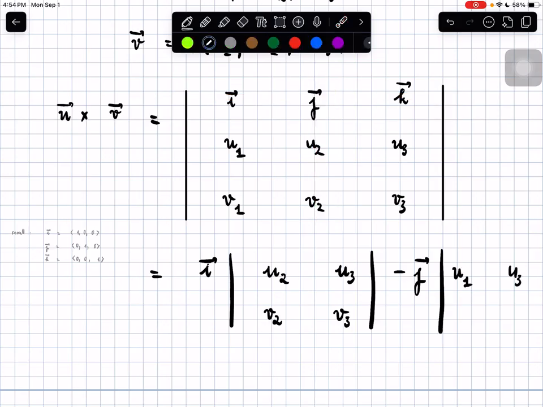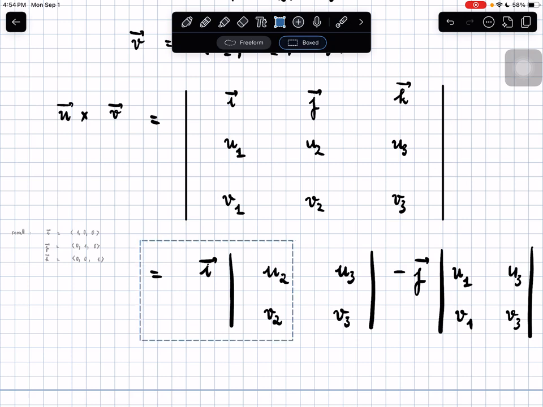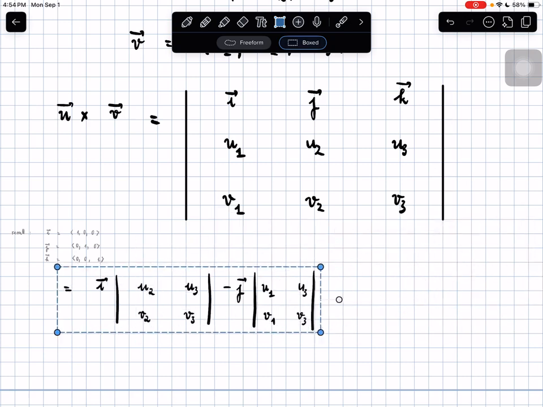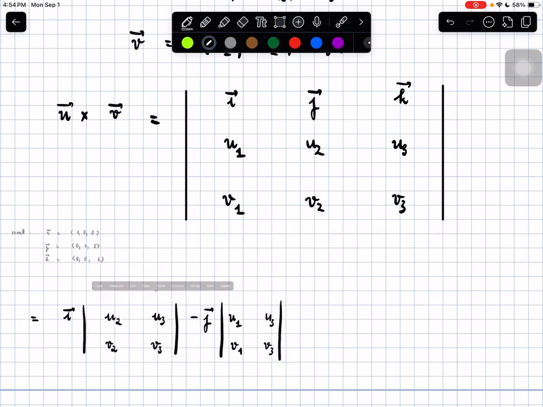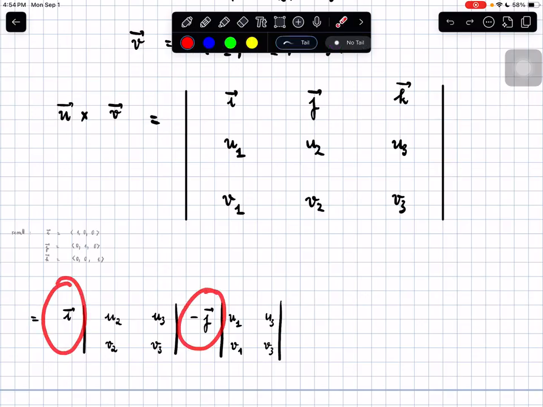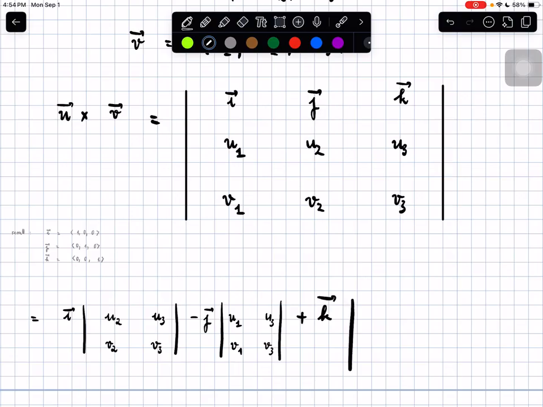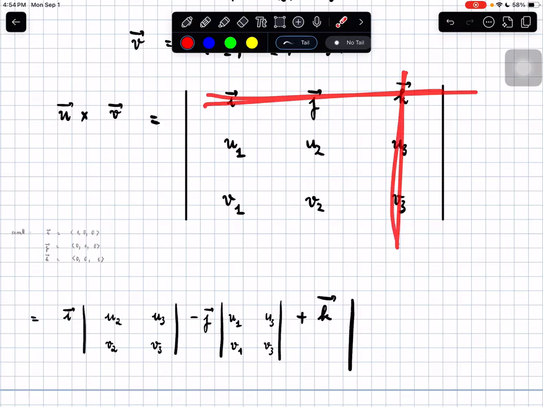What is left is u1, u3, v1, v3 for j, and then we have k. So it is plus i, minus j, and then plus k, and again we delete the row and column where k is on, so we delete the first row and the third column.